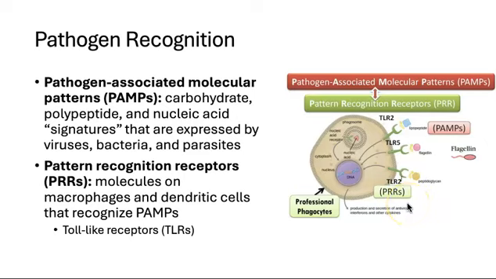You can see some examples over here where we have certain structures on the pathogens, like a lipopeptide or a flagella or a peptidoglycan cell wall and so forth, that could react with what we call pattern recognition receptors, or PRRs.